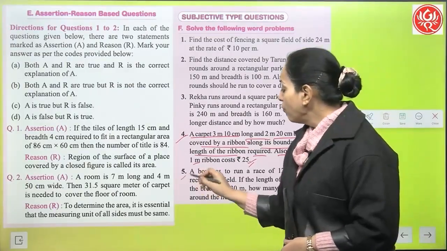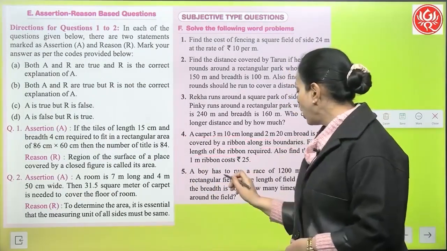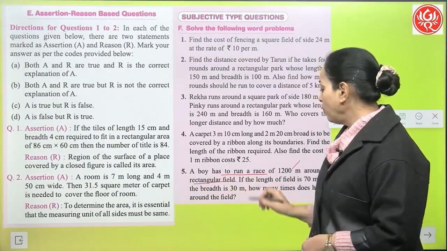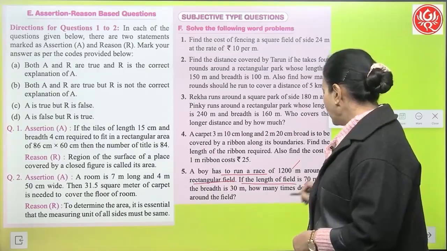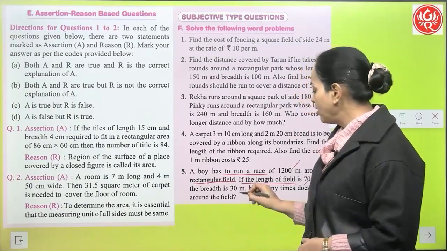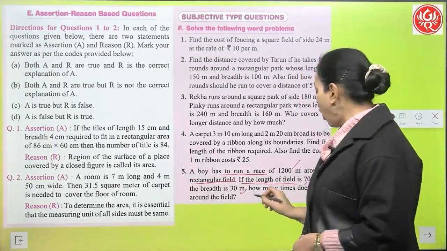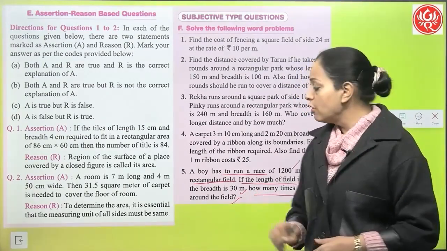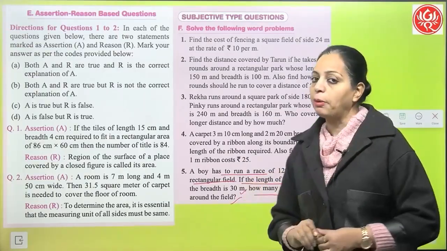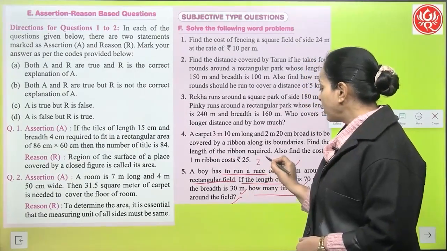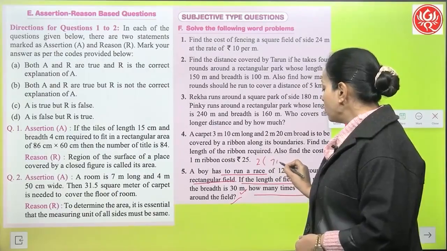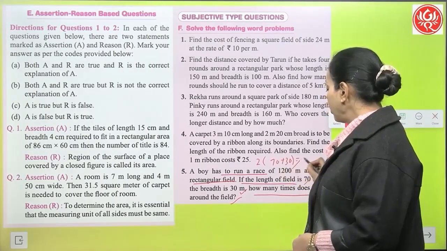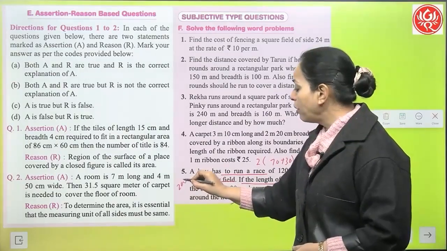Okay. Now fifth question, a boy has to run a race of 1200 meter around a rectangular field if the length of the field is 70 meter and the breadth is 30 meter. How many times does he run around the field? So first of all you have to find the perimeter of the field, that is 2 into L plus B. So 2 into 70 plus 30 means 100 into 2, 200 meter.